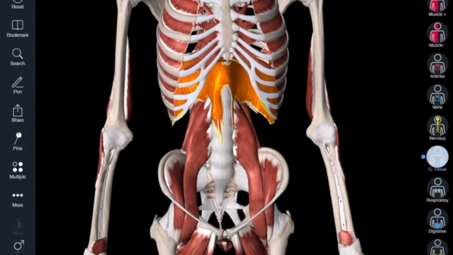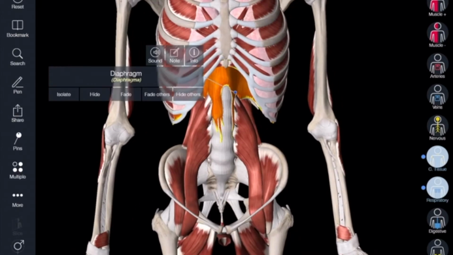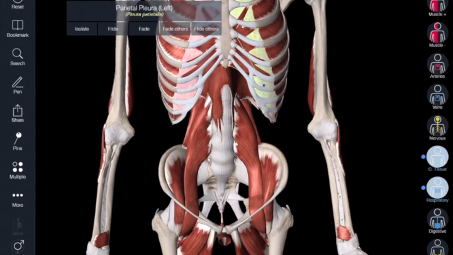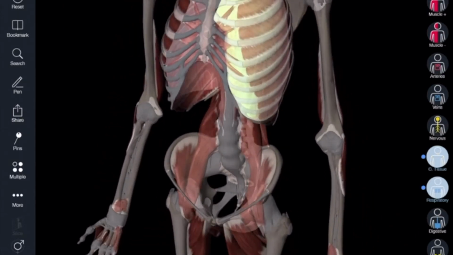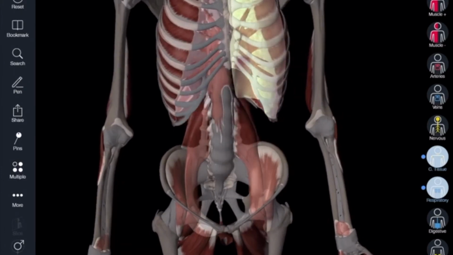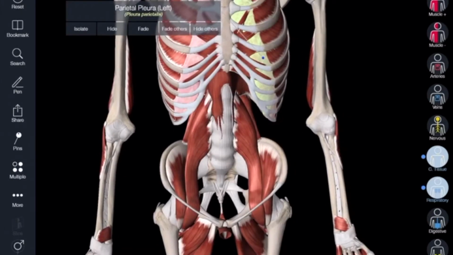So the lungs, if we add on the lungs, we see the nice pink lungs in there. Let's fade other things here. I don't feel like that gives us a good view of the lungs. Anyway, the lungs are the pink inside there, but as I indicated, it turns green.